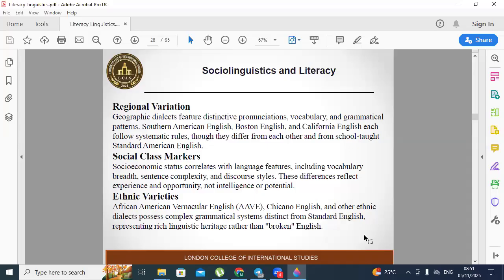Understanding sociolinguistics is essential for equitable literacy education because it prevents us from pathologizing students' home languages and helps us build bridges between home and school language rather than demanding students abandon their linguistic identities.